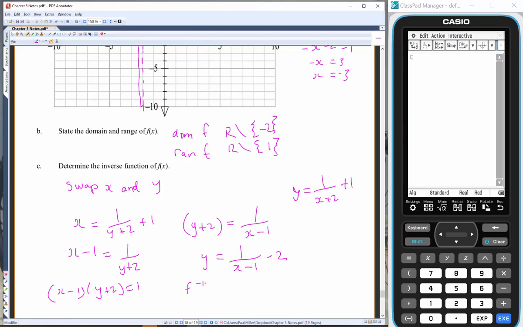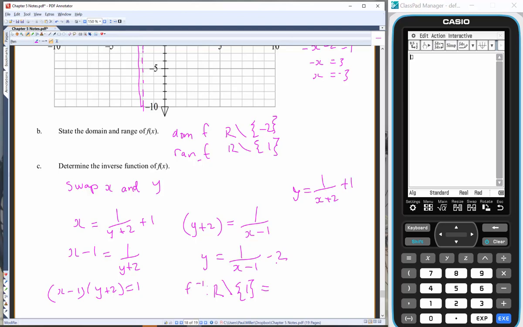So f negative 1 is a function such that it has a domain which is the set of all real numbers, not including 1. How do I know? Because the range of the original becomes the domain of the inverse, and also have a look at it. I'm not allowed to use x equal to 1 because it causes a divide by 0 error.